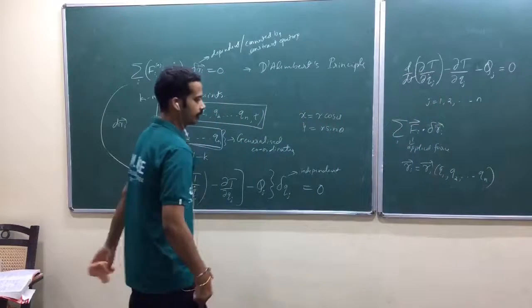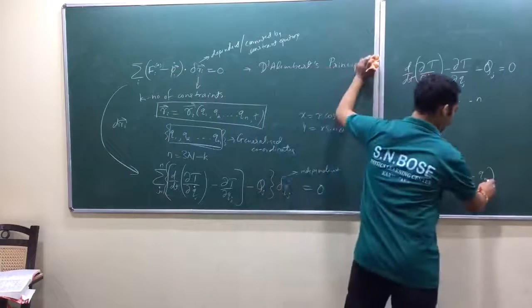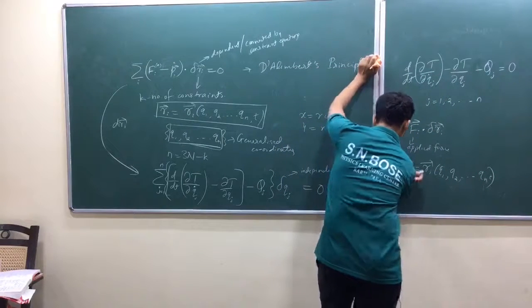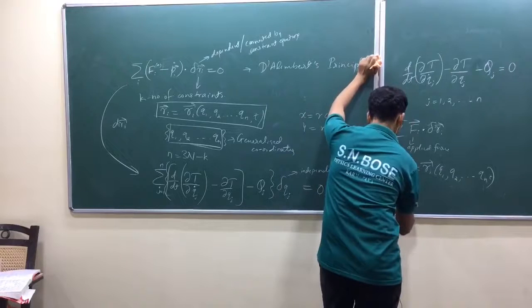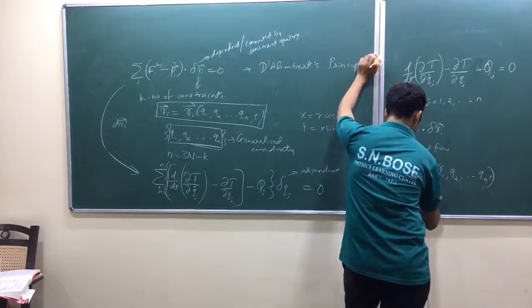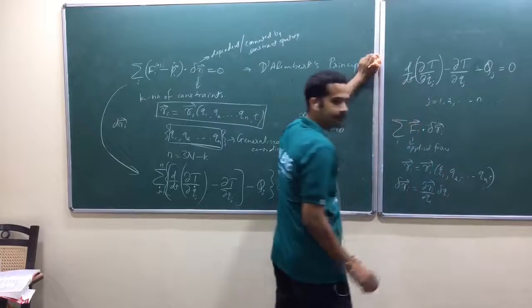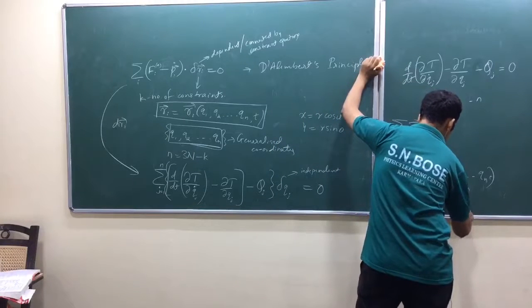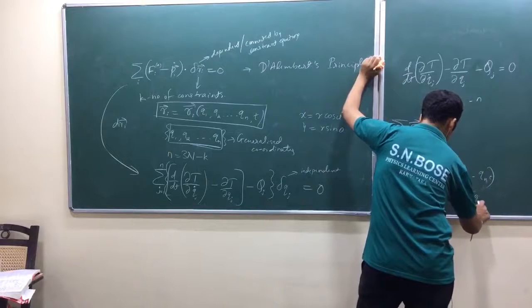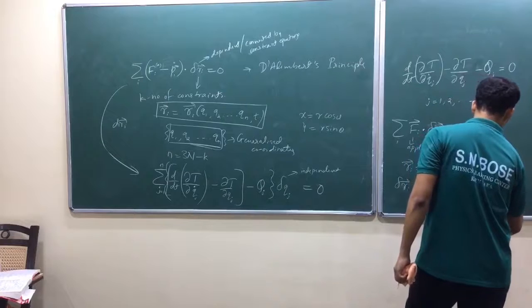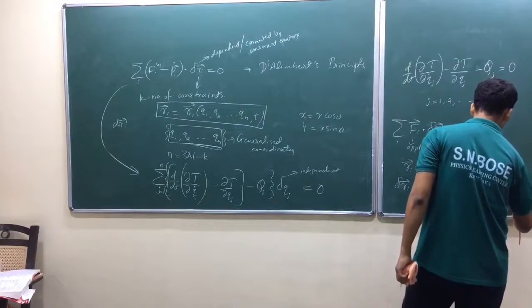Usually the time term will come here sometimes, a very rare case. Then delta Ri, I can define it like this: delta Ri is equal to dou Ri by dou Q1 into delta Q1 plus dou Ri by dou Q2 into delta Q2 and so on up to dou Ri by dou Qn into delta Qn.